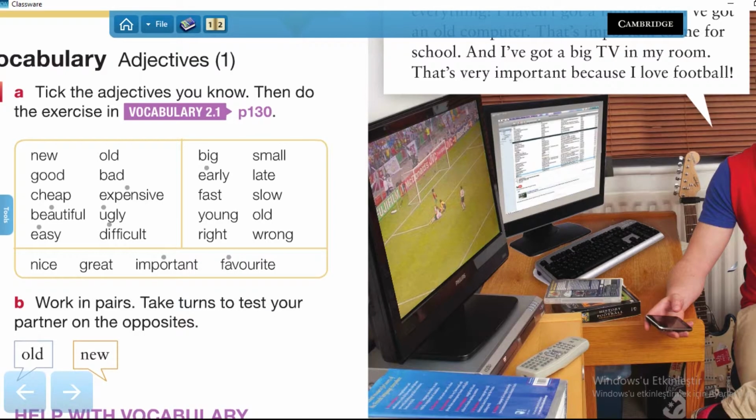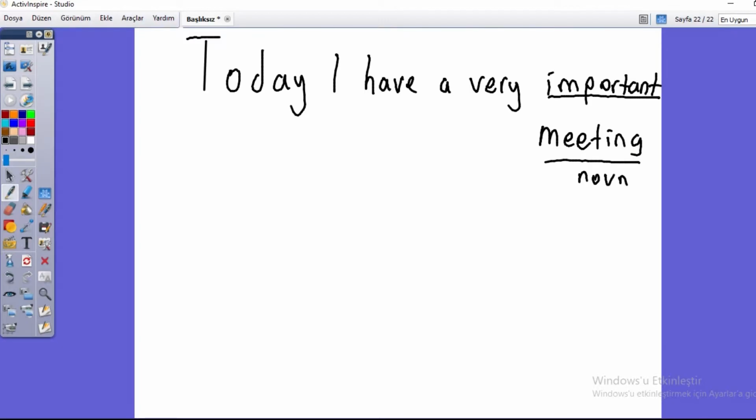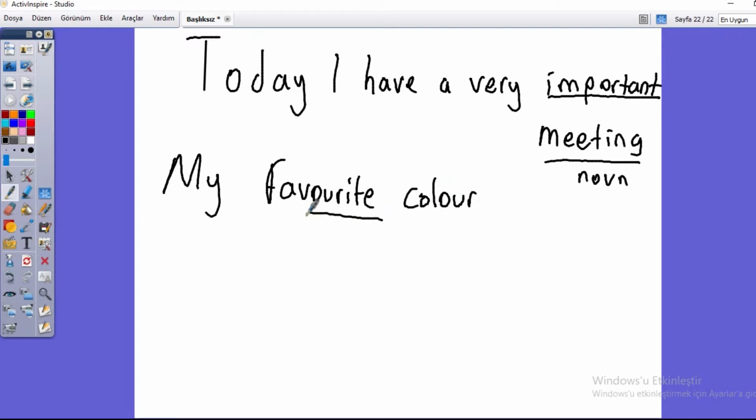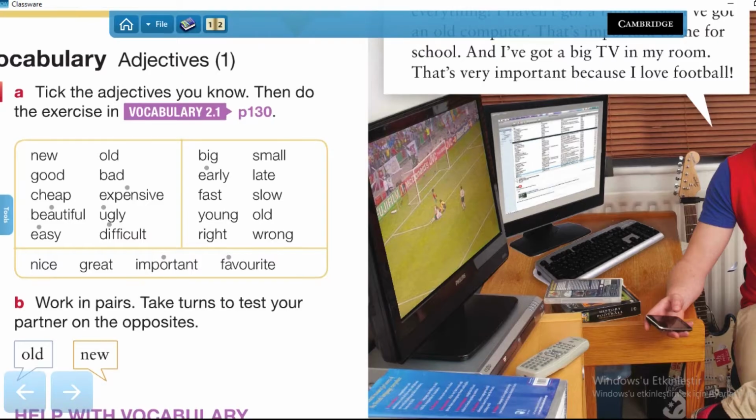Let's write them. My favorite color. So, favorite is the adjective, color is the noun here. My favorite color is green. So, we have these adjectives.